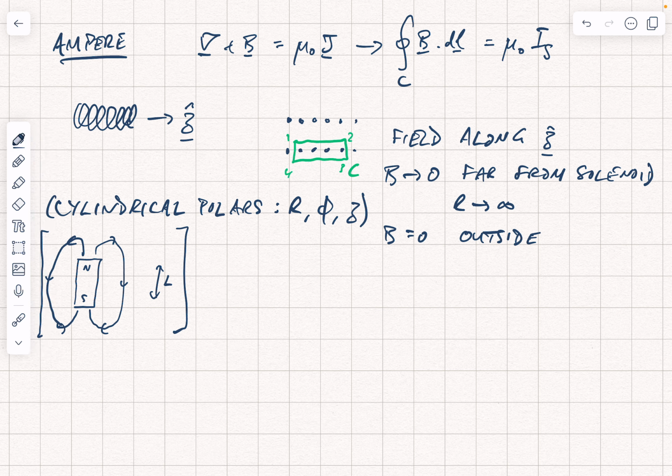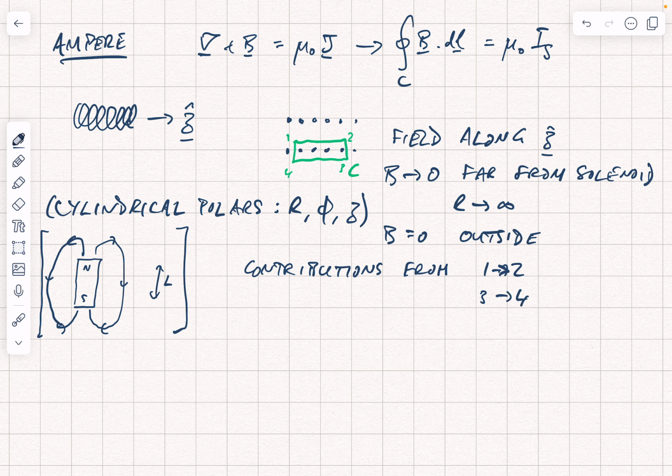As we go around the loop, we can say that we will get contributions to the integral from the line 1 to 2 and from the line 3 to 4. The lines 2 to 3 and 1 to 4 will give us nothing because they will be perpendicular to the fields.